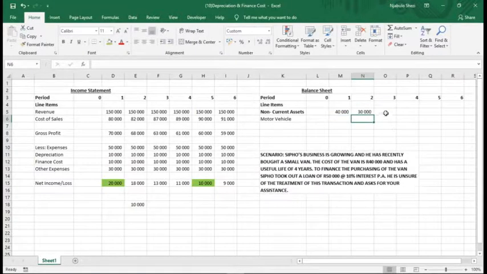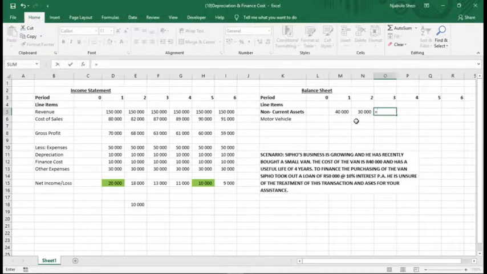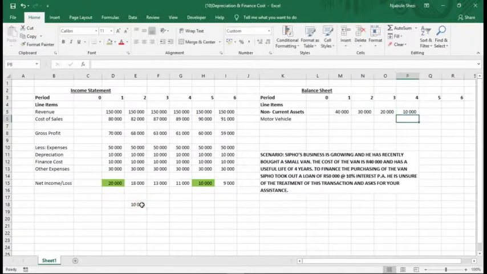He will then do the same in the following year, and so on and so forth, so that at the beginning of year 5, the value of the initial van is 0 rands.